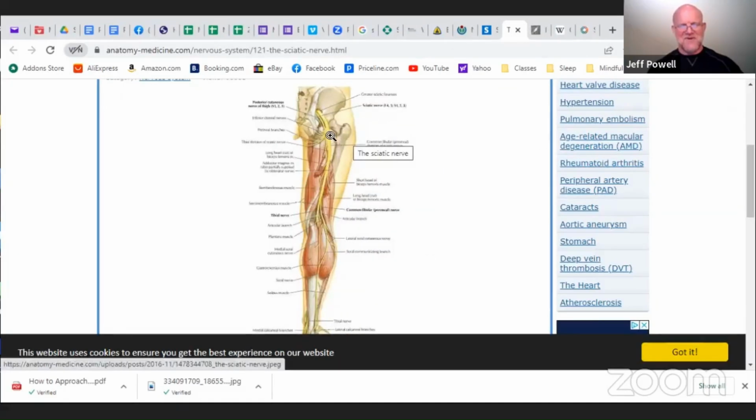The piriformis muscle crosses over, and it can actually compress the sciatic nerve. So it feels like a true sciatica. You're having all these nerve symptoms, but there's nothing going on up here in the lumbar spine. What can actually be going on is that, for some reason, the piriformis is in a protective spasm.